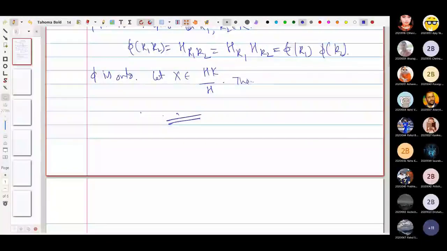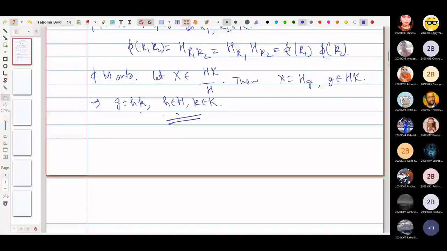Then X equals gH, where g belongs to HK. So this implies that g equals some h times k, where h belongs to capital H and k belongs to capital K.